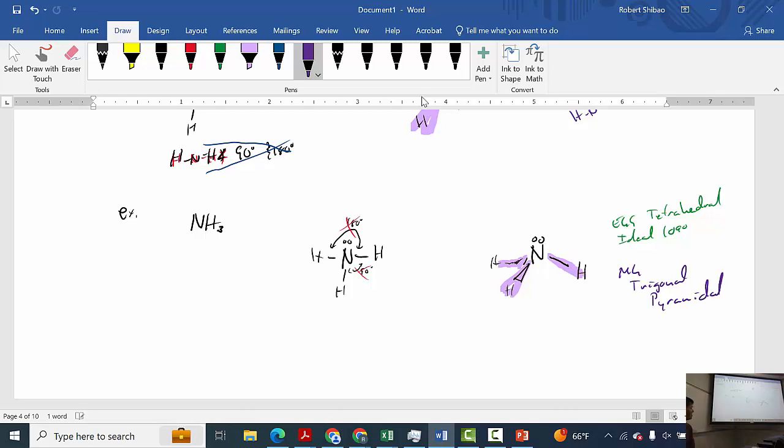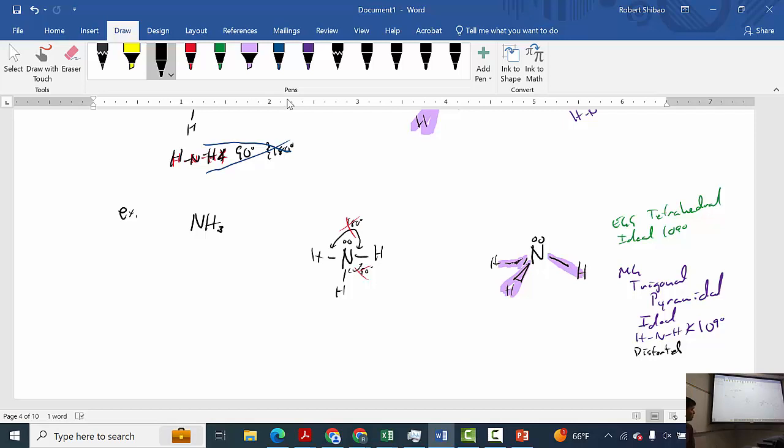And so the MG for this is going to be trigonal pyramidal. It's going to have a triangular base, and there's going to be a pyramid. Now the lone pair, because of the Heisenberg principle, isn't exactly pinpointed here, but it's going to be trigonal pyramidal with an ideal angle, again, with this being the H and H angle. We could pick any of those, they're all the same at 109 degrees.